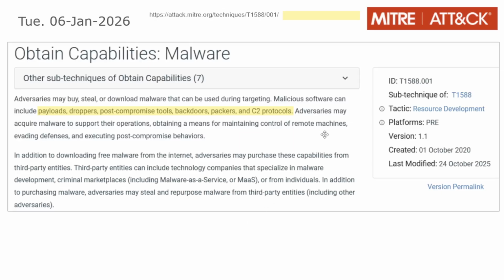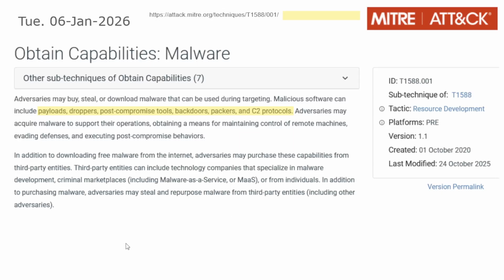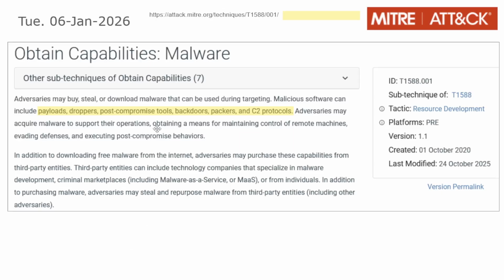Okay, what else do we have? Adversaries may acquire malware to support their operations, obtaining a means for maintaining control of remote machines, evading defenses, and executing post-compromise behaviors. Yes, this one, obtaining a means for maintaining control. Yes, like a beacon.